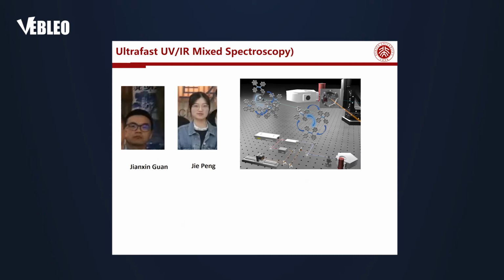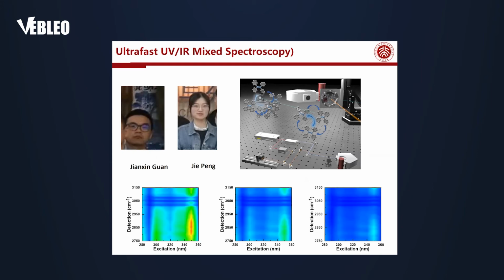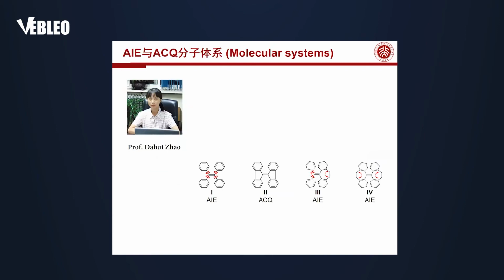And it was built by 2 of my grad students, Jianxin Guang and Jie Peng. These are the spectra from their setup. And my colleague, Professor Zhao, at PKU, synthesized all necessary molecules for our studies.